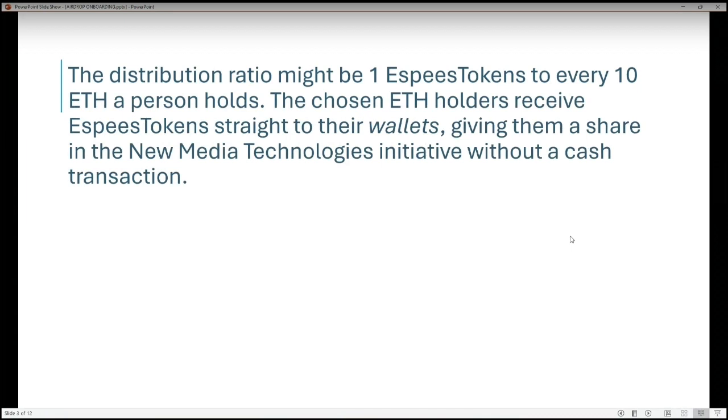The chosen Ethereum holders receive SP's token straight to their wallets, giving them a share in the new media technologies initiative without a cash transaction.